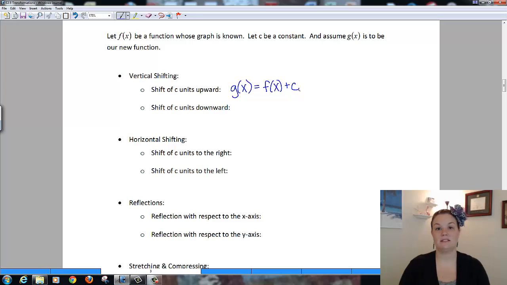Notice I'm adding the c outside the parentheses because it's happening to the y. Same thing if I want to move c units downward: I take f of x and subtract c, which means I go c units down. Both addition and subtraction of c here happen outside the parentheses because it affects the y.